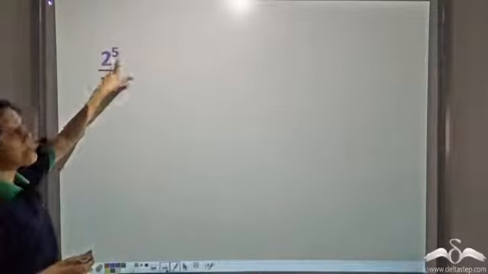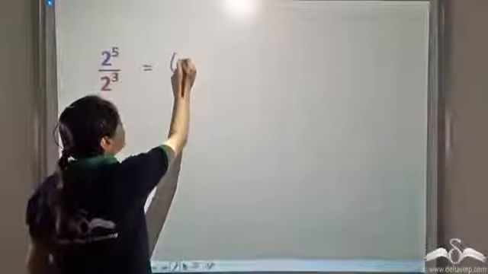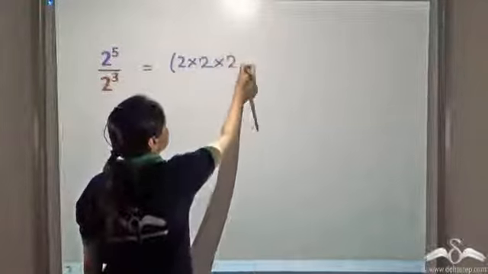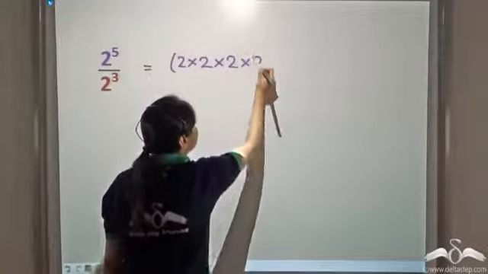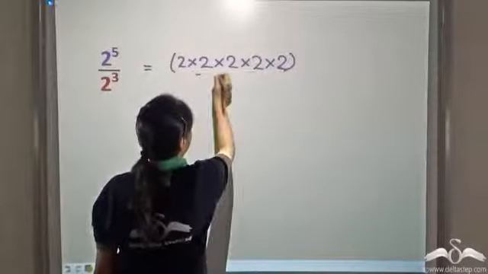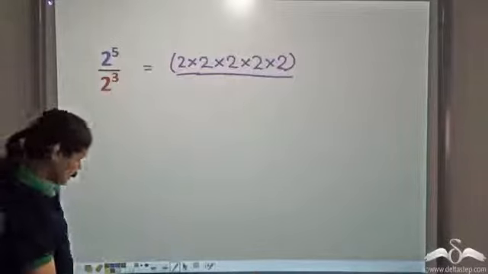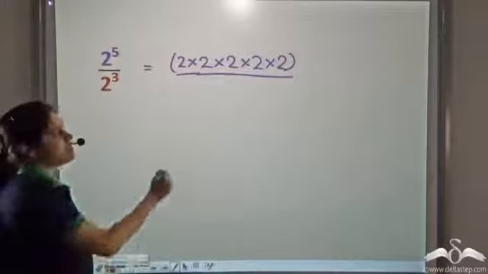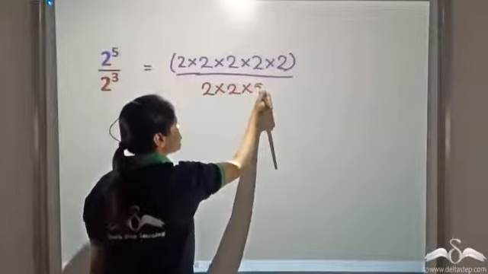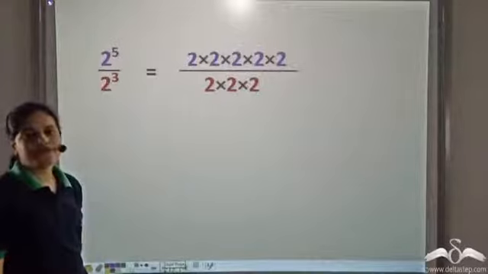So 2 to the power 5 is the same as 2 being multiplied 5 times. So this is 2 into 2 into 2 into 2 into 2. And 2 to the power 3 is the same as 2 being multiplied 3 times. So this is 2 into 2 into 2. This is what we have.